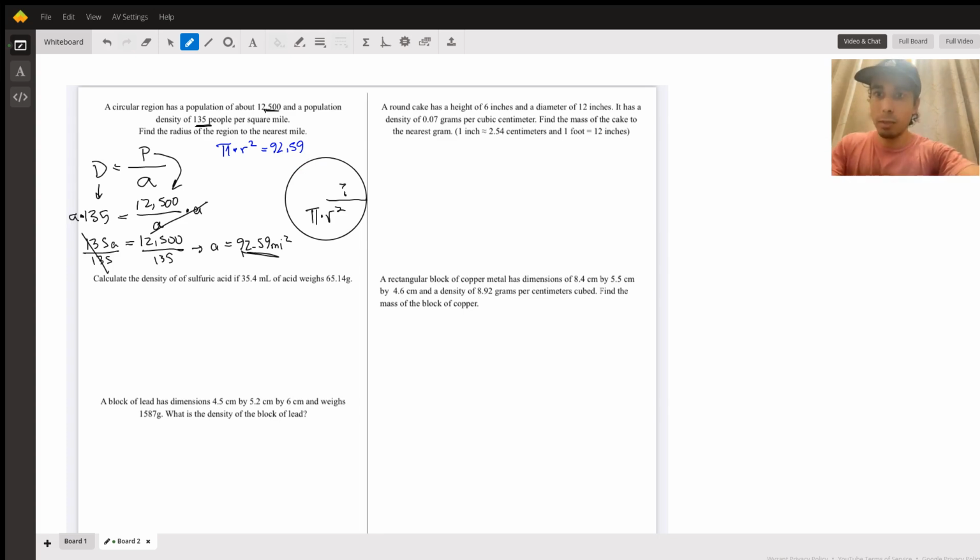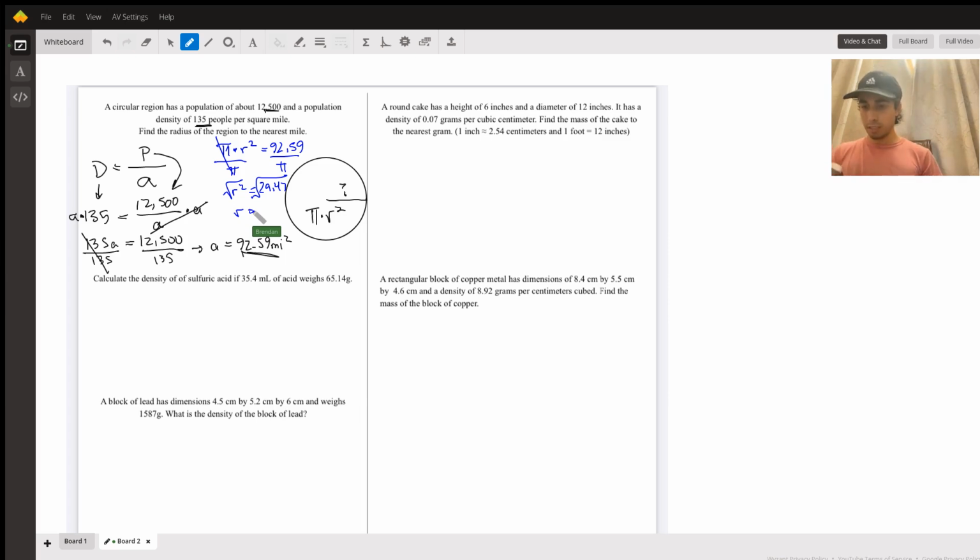So divide both sides by pi, and then take the square root. Right now you've got r squared equals 92.59 divided by pi, which gives us about 29.47. That is r squared. So we take the square root of both sides, and that will be your answer.